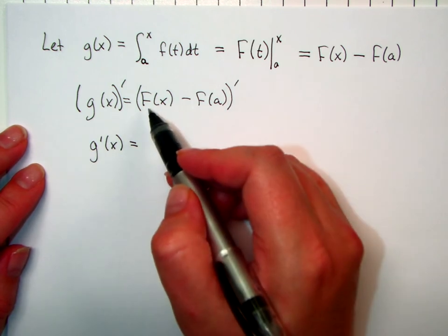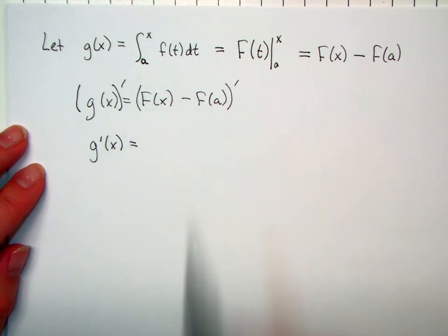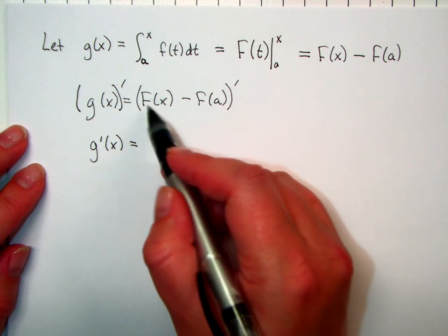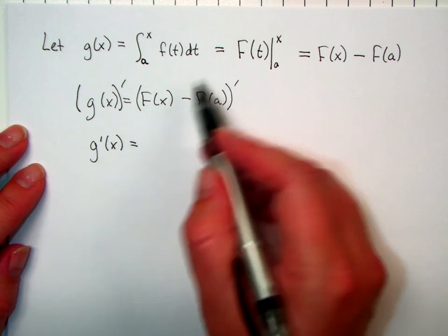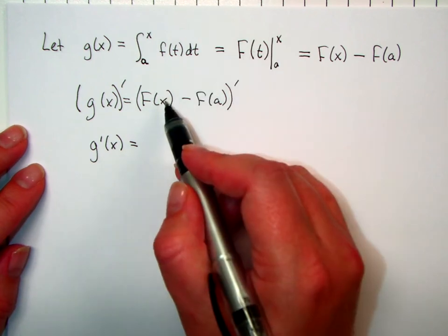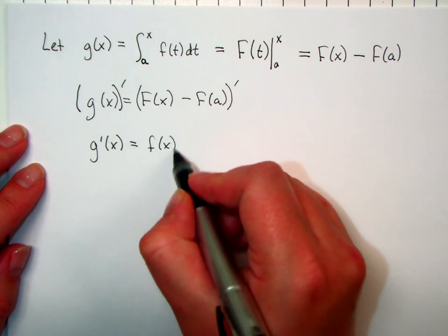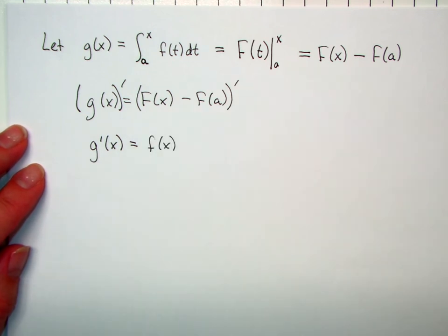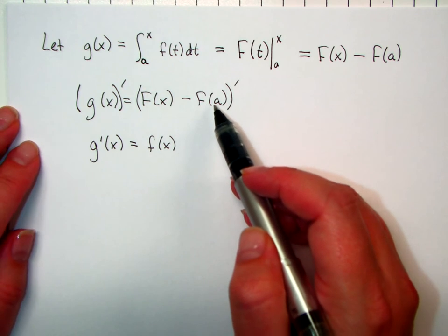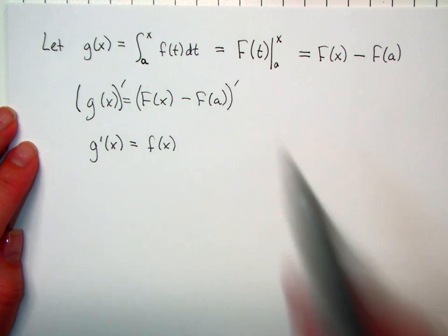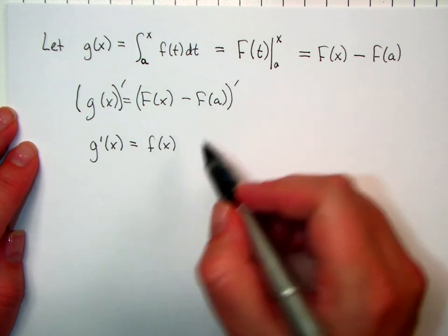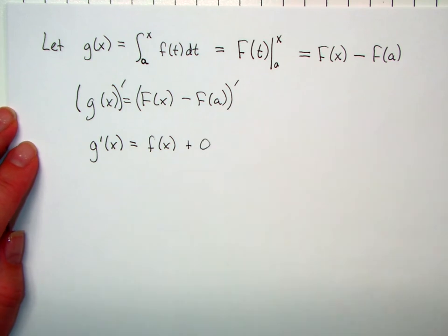The derivative of the antiderivative should get you back to the original, but we've evaluated the antiderivative at x now. We've replaced all the t's with x's. So we're going to get little f of x here. And then the antiderivative evaluated at a is a constant, and what happens to constants is that they go to 0.